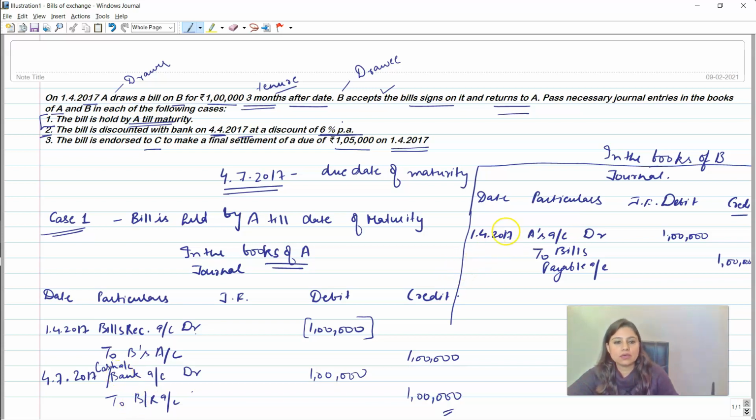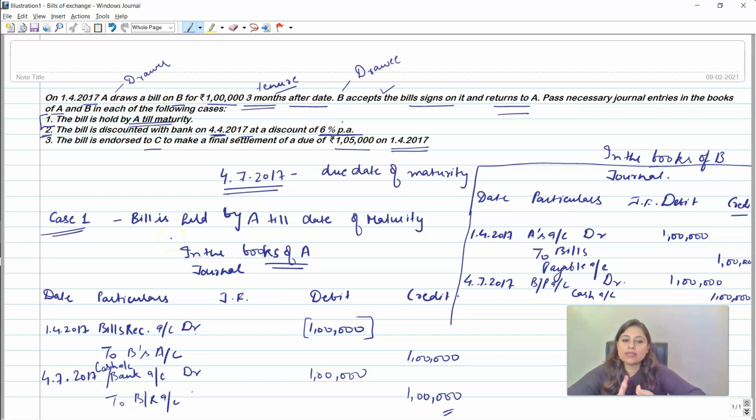And here also, on 4th of July 2017, the final accounting entry would be passed, wherein bills payable account will be debited and cash account would be credited with rupees 1 lakh.